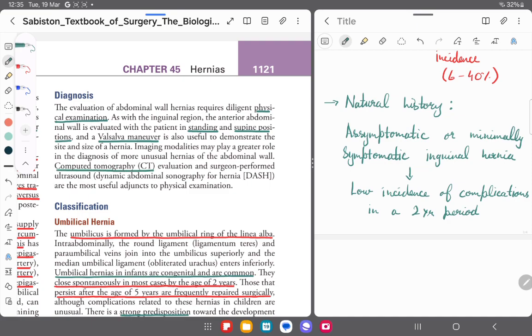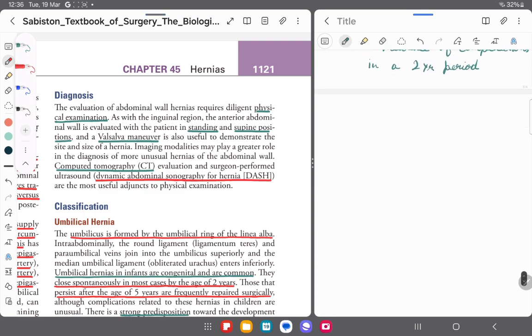So you can go for a CT or you can go for a dynamic abdominal sonography for hernia, DASH. So coming to diagnosis.